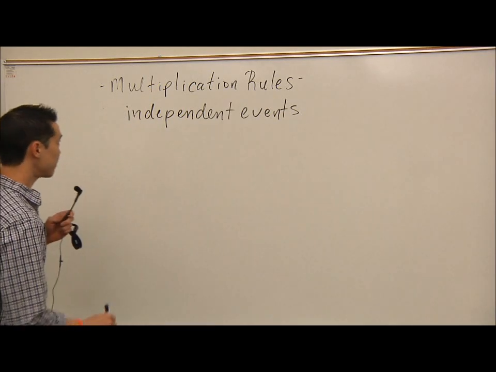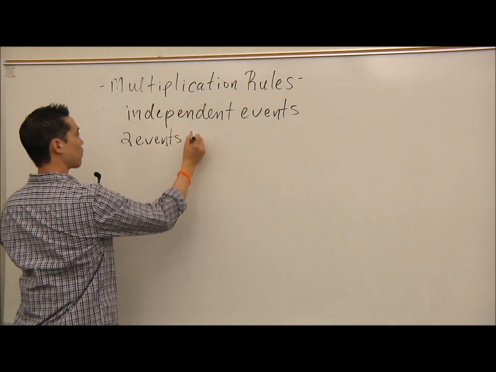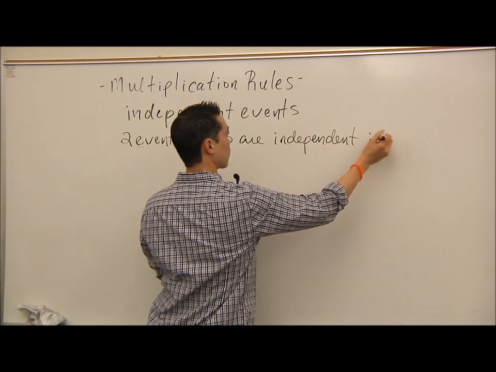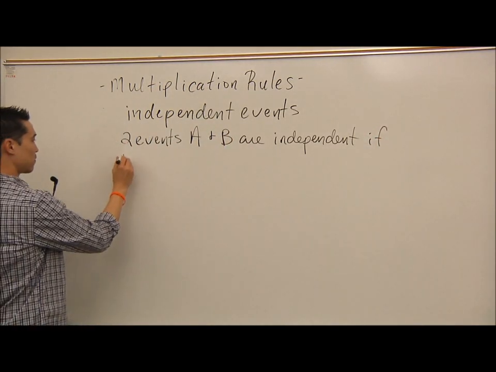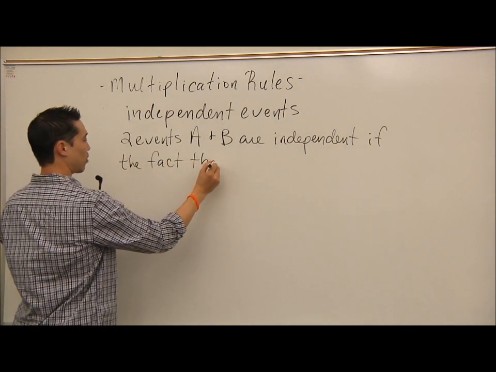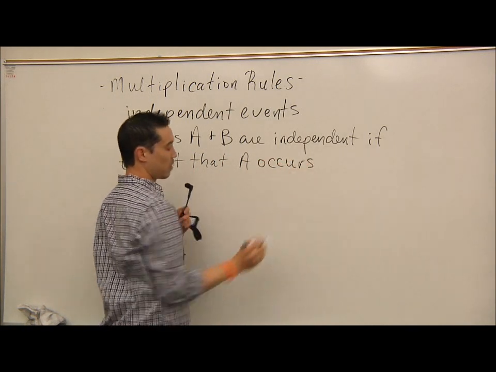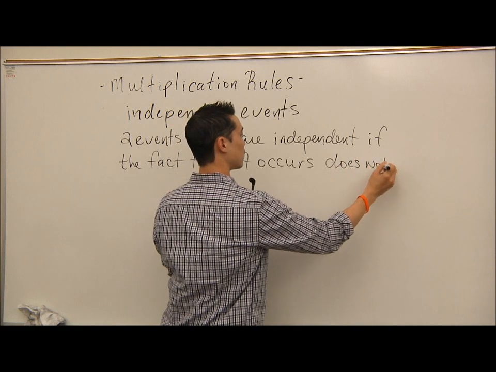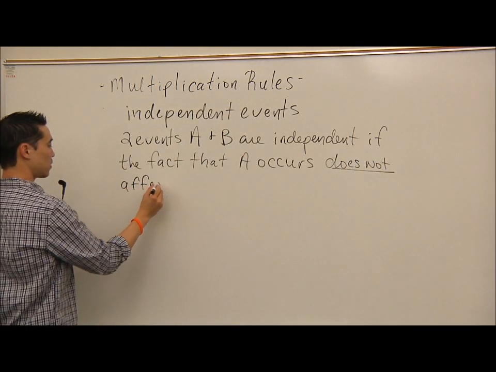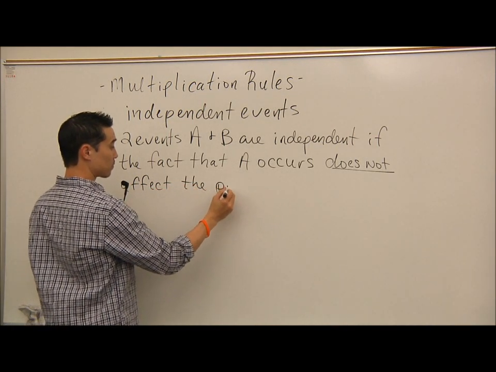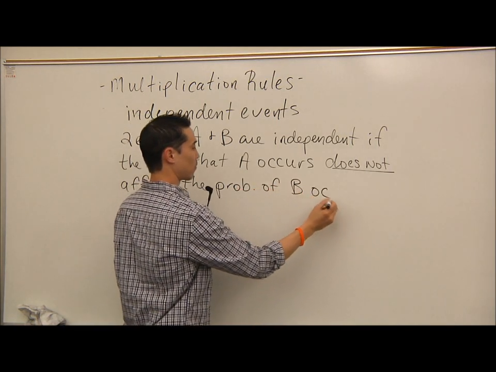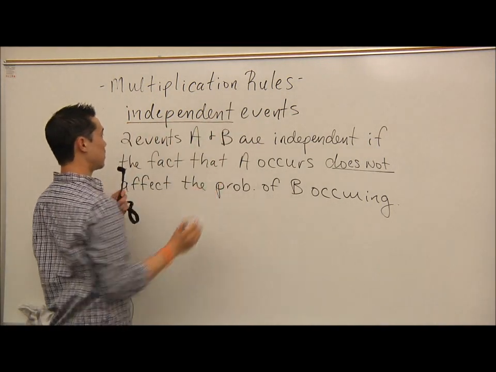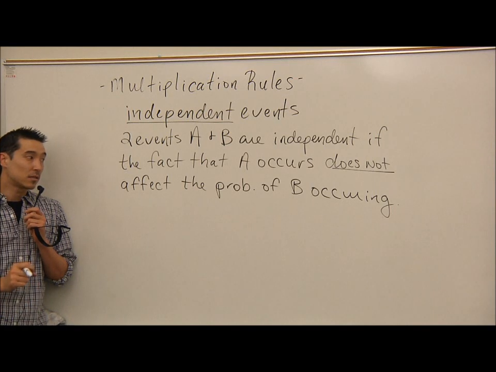Two events A and B are independent if the fact that A occurs does not affect the chance or probability of B occurring. Okay? This is independence.